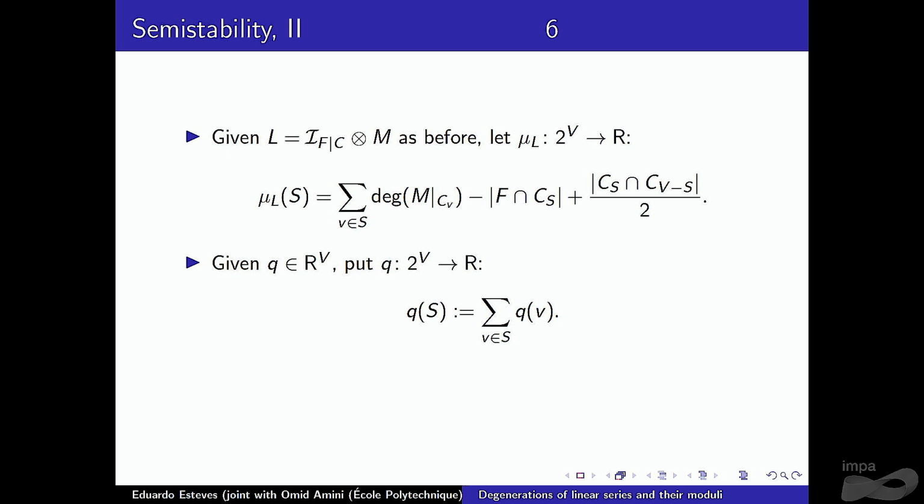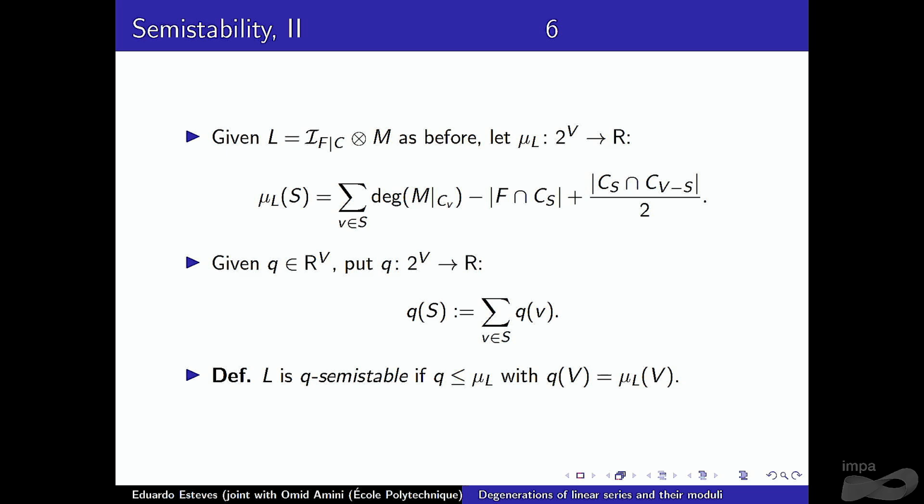The condition of Q semi-stability is this: that mu of L, this function, is always greater or equal than Q, but we need an equality there as well. If you have seen people talk about this, maybe it's a different way of putting things.